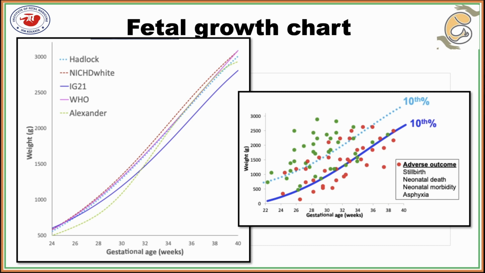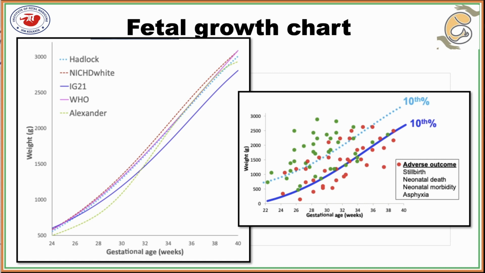If your 10th percentile is lower, it will pick up more of your red circles, but at the cost of your green circles. Green circles are the normal ones. So there will be a lot of false positives, but it will pick up the maximum number of diseased ones, which are responsible for adverse pregnancy outcome.